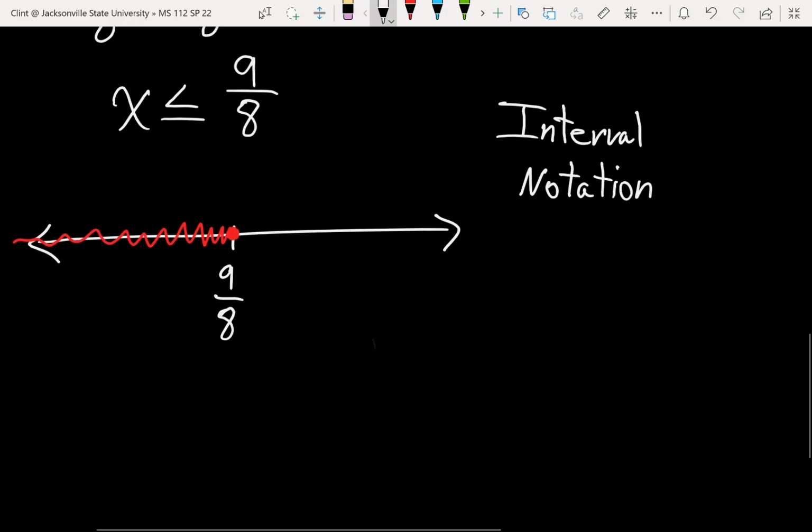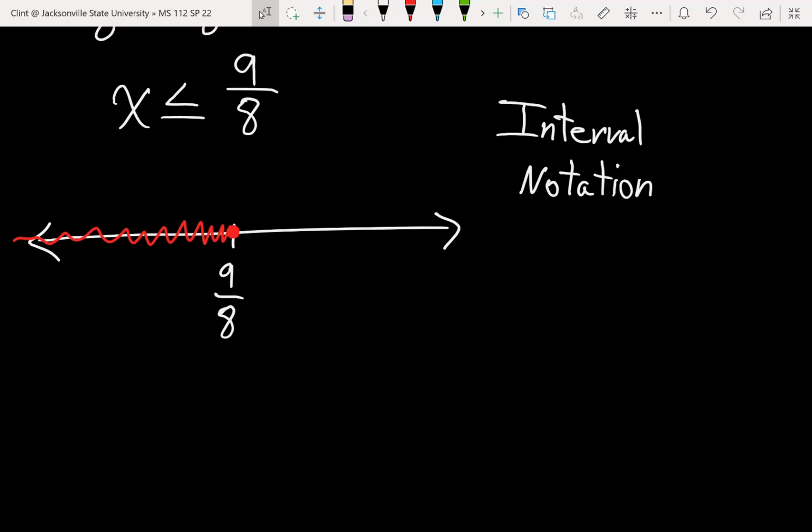So for this one, you want to start off thinking about how small our solutions can be. Our shading, even though we can't draw it that far, goes all the way to negative infinity. That goes forever to the left. So I would write a parenthesis and then negative infinity.